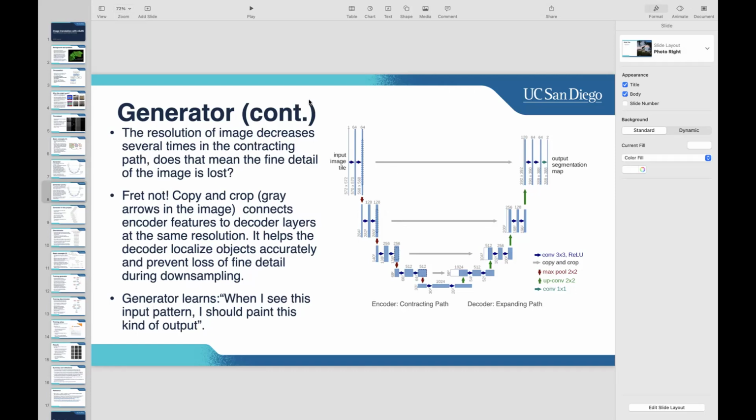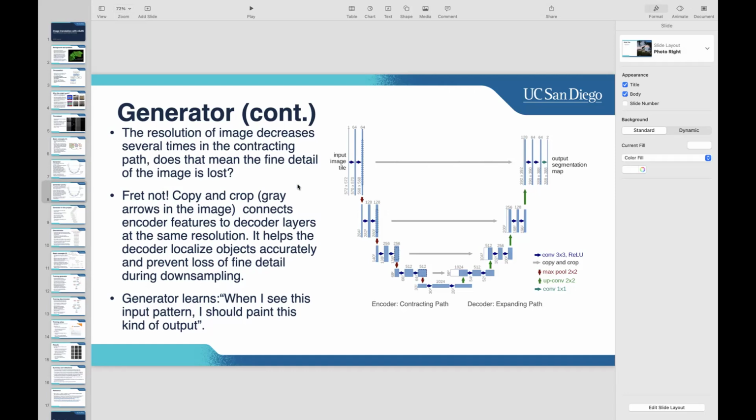And the resolution of the image decreases several times. As you can see here, this is 570, 568. This is like 280. This is like 140, 68, 64, 32. So the resolution of the image decreases several times in the contracting path. Does that mean the final detail of the image is lost? Actually, the detail is not lost here because of these gray arrows.